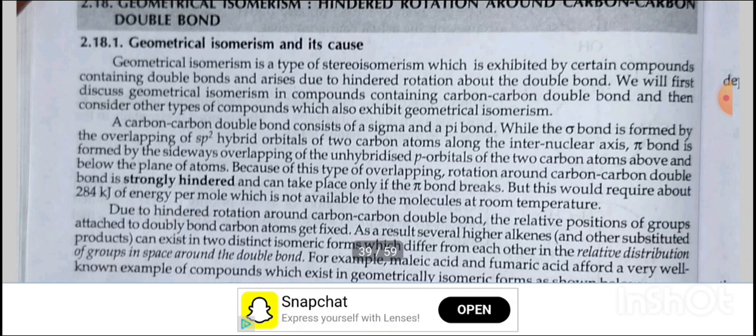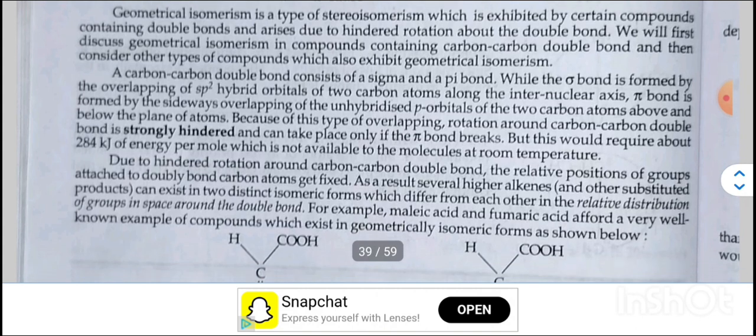also exhibit geometrical isomerism. The carbon-carbon double bond consists of a sigma and a pi bond. While the sigma bond is formed by overlapping of sp2 hybrid orbitals of two carbon atoms along the internuclear axis, the pi bond is formed by the sideways overlapping of unhybridized p orbitals of the two carbon atoms above and below the plane of atoms.